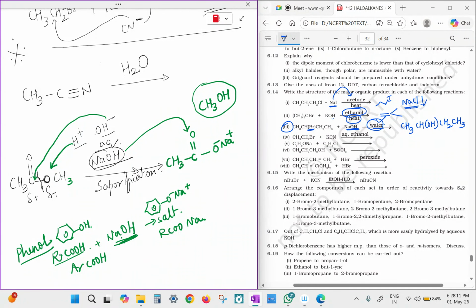Phenols, aliphatic carboxylic acids and aromatic carboxylic acids. What about the aliphatic alcohols? Were they converted? No, ma'am. So it will stay as such. Is that clear? These are the two products. So I'm just trying to make you understand that hydrolysis means you are going to break a bond in the presence of water. Are we clear?